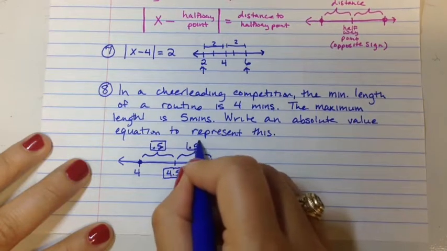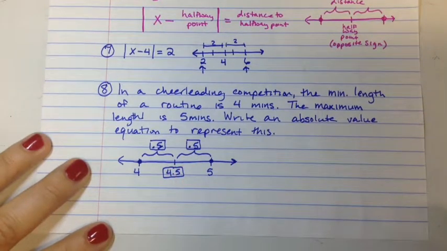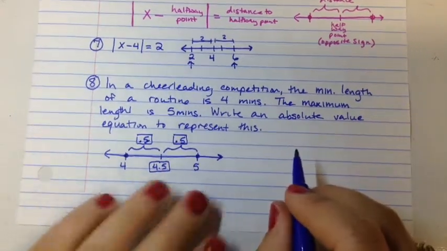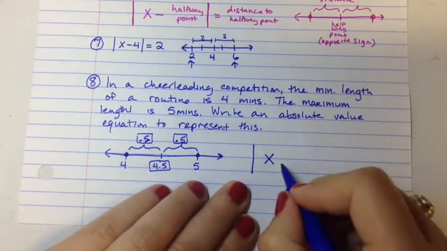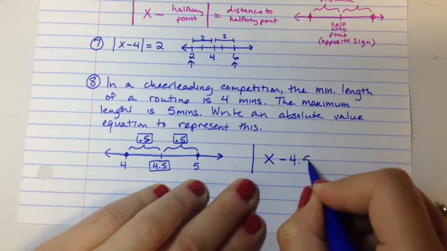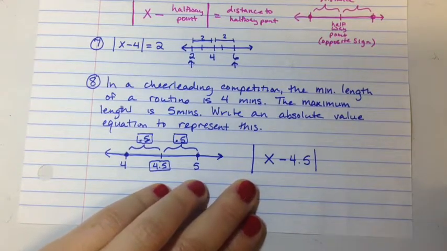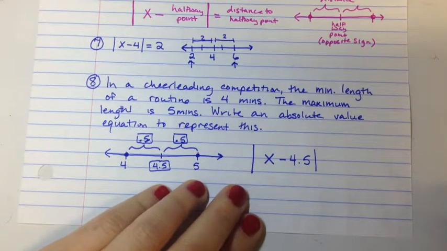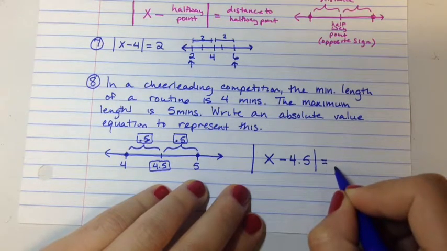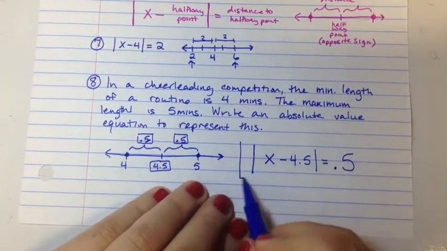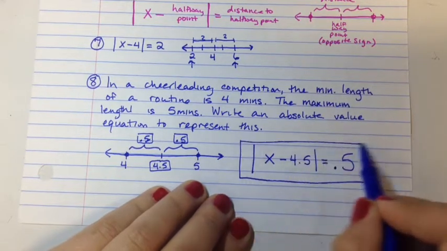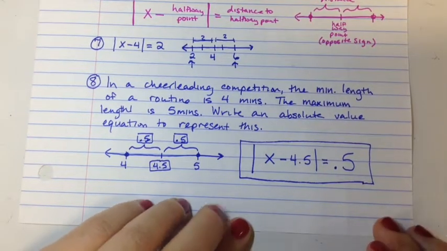See how it's the same on both sides? So that means that my equation here is absolute value of x minus the halfway point, 4.5, set equal to what? The distance from the halfway point, which is 0.5. We have shown this cheerleading routine's absolute value equation.